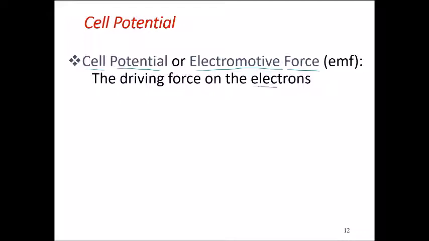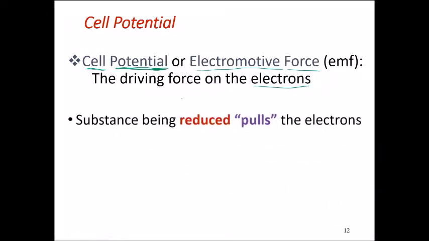This is the driving force that moves the electrons in one direction. So that cell potential measurement is going to tell us what we can do to create our galvanic cell in order to make it flow positively in one direction and be thermodynamically favored. So the driving force on the electrons, the substance being reduced, is going to pull the electrons over the wire to the other side.